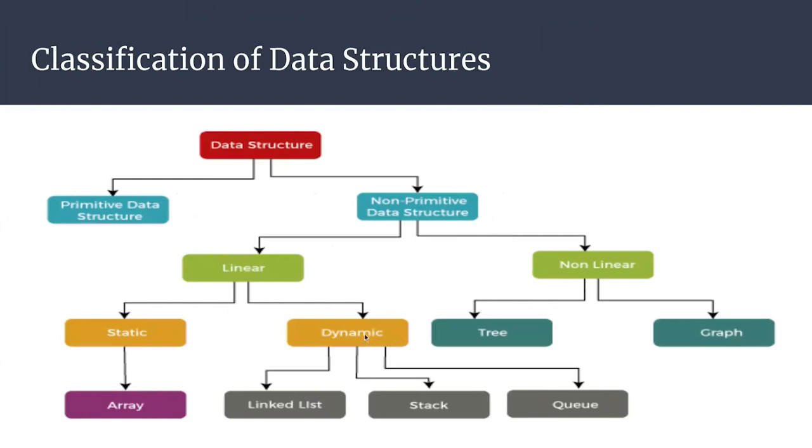And dynamic, as in linked list, array list, stack, queues. These are examples of dynamic non-primitive data structures which are linear, right? So if you come to non-linear, the examples are trees, graphs, or it could be heap, priority queue. All these are non-linear data structures.